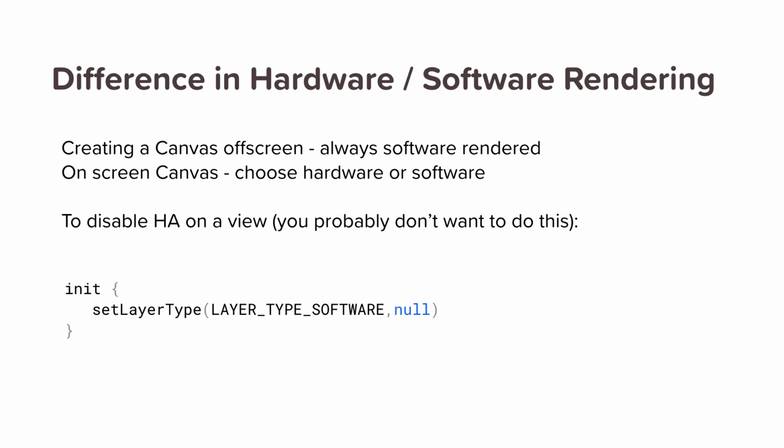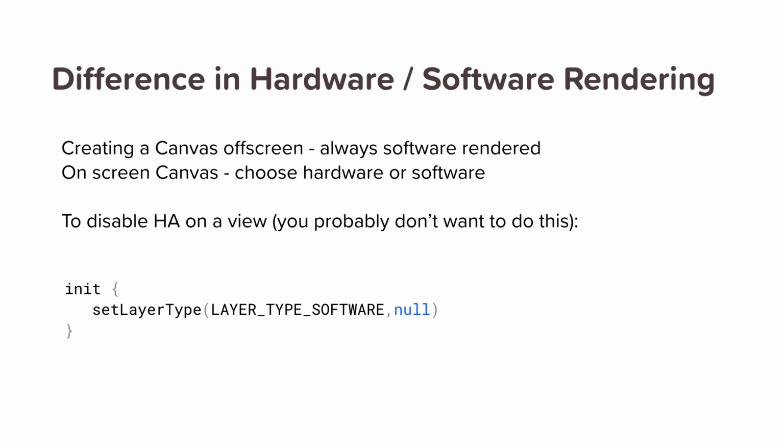When you create a canvas off screen, so you're just manually creating a canvas and giving it a bitmap to render onto, that canvas is always software rendered. It doesn't have a view, so it's not visible to the user on screen, and therefore it doesn't use the graphics card, so it is rendered in software.